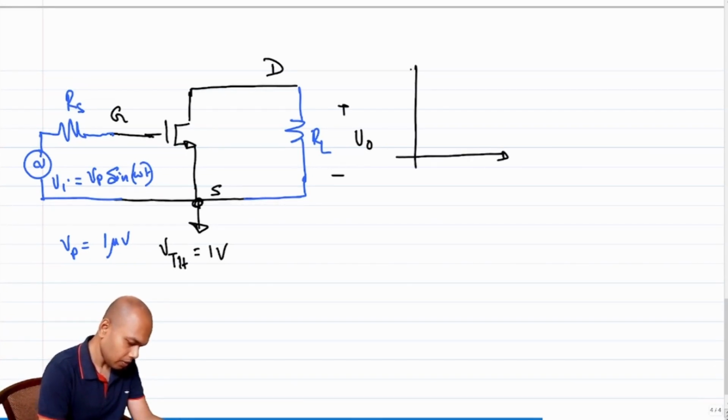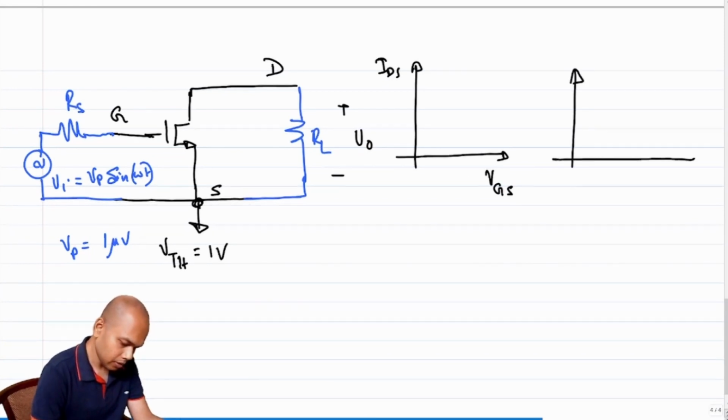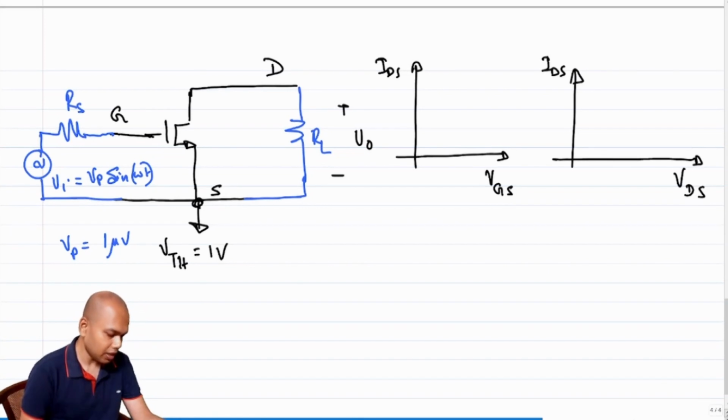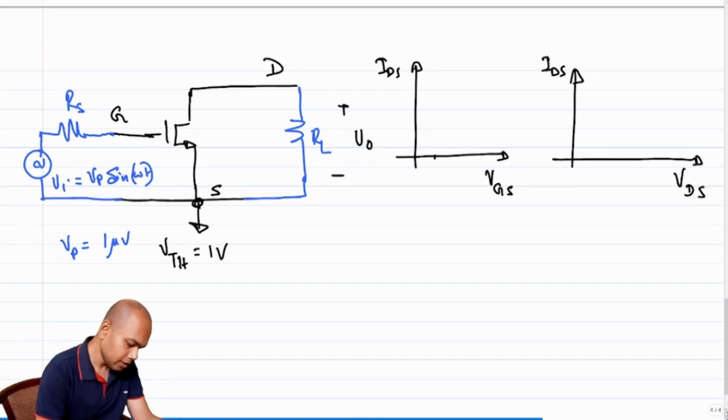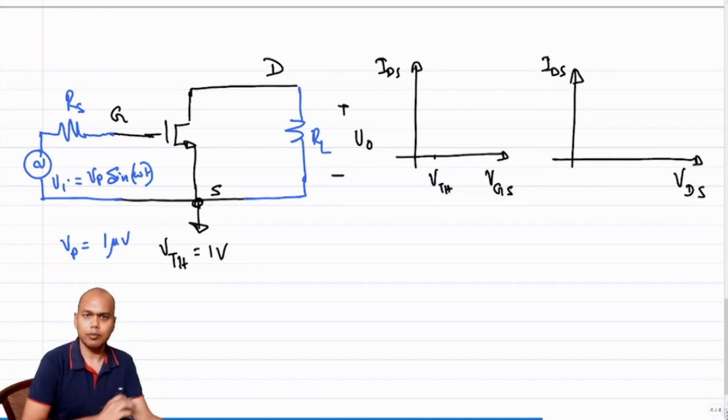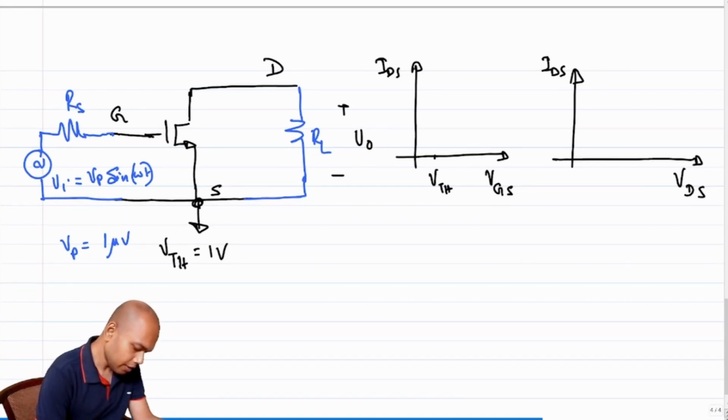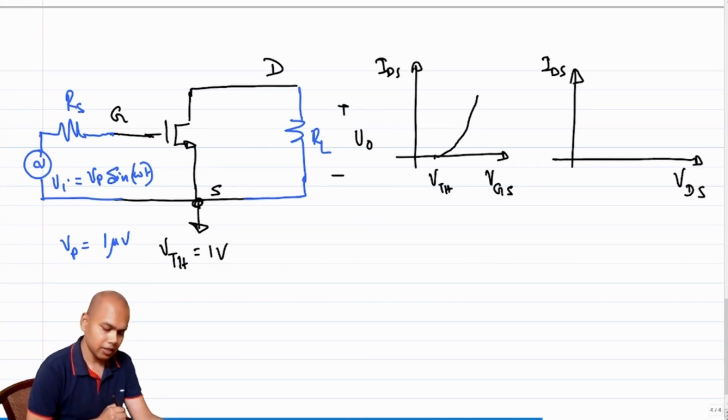One is between VGS and IDS, and the other is between VDS and IDS. So what does the IDS versus VGS curve look like? Clearly, until we have reached threshold voltage, the current is absolutely zero. Then what happens after that? The current starts to pick up.